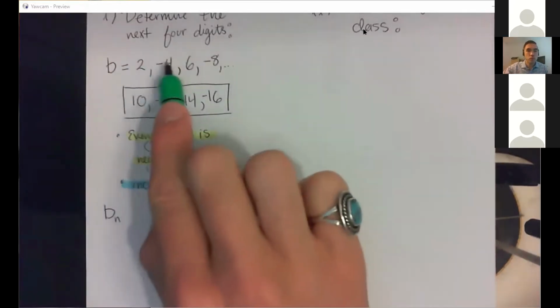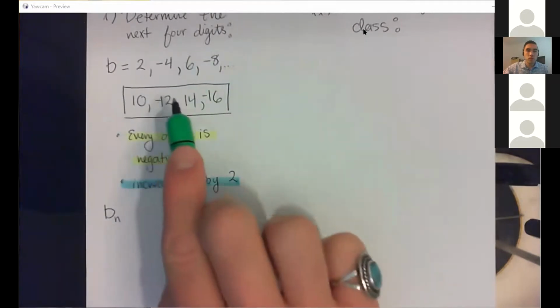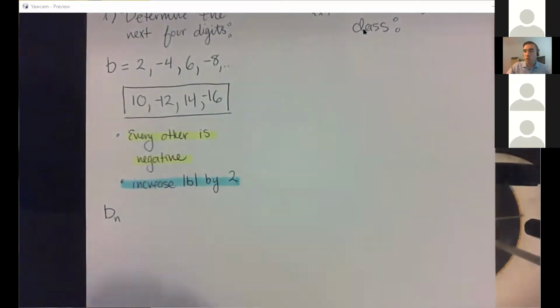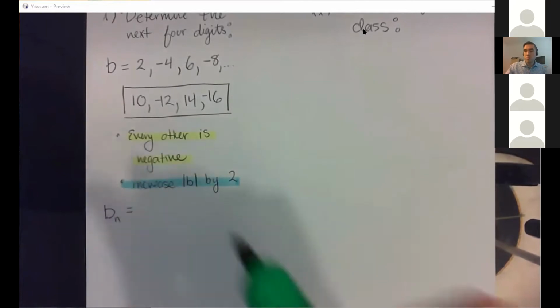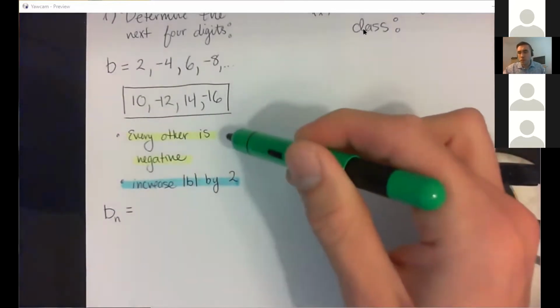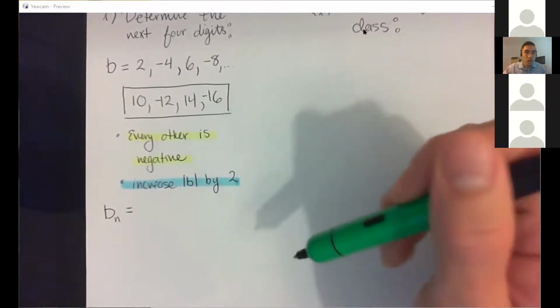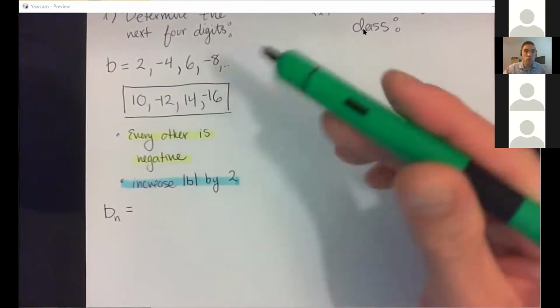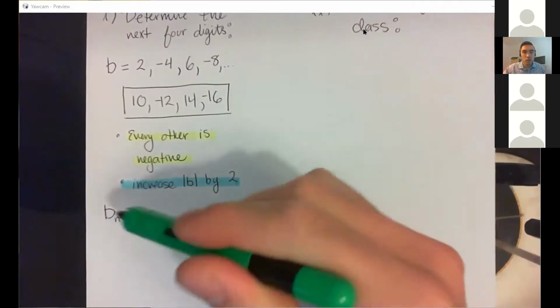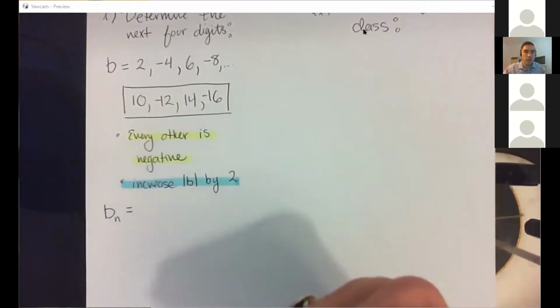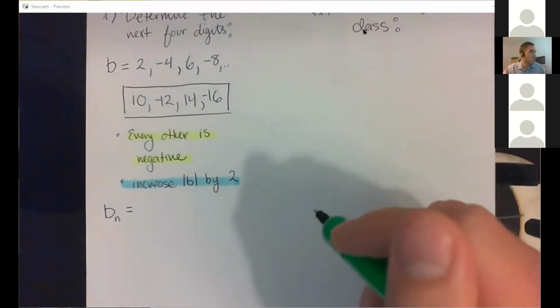So this would be b1, b2, b3, b4, b5, b6, b7, b8, right? And as long as we can build in mathematical objects which behave according to these two patterns, and then correctly connect those two mathematical objects, we should be able to make an equation which would let us generate any of the b's in this entire sequence.